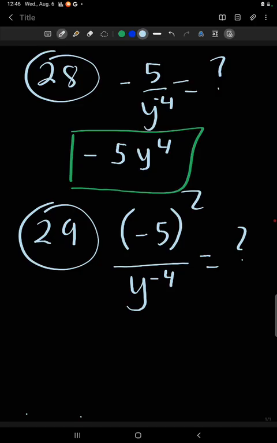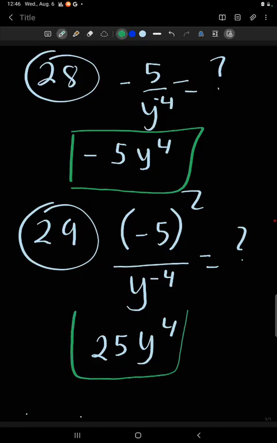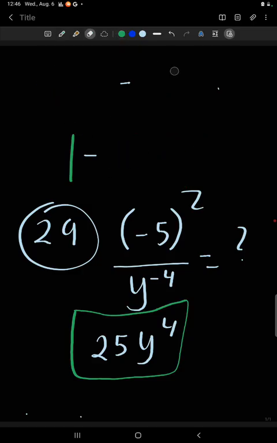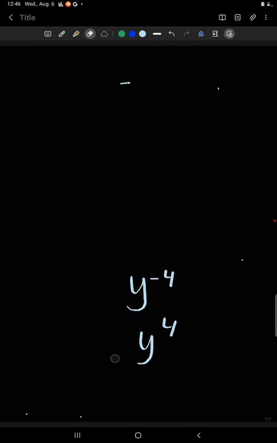So we're going to have 5 squared, which is 25, basically, positive. And then same thing as in problem 28, we're going to take the reciprocal of the negative exponent, and that becomes our answer. All right, that was 29.